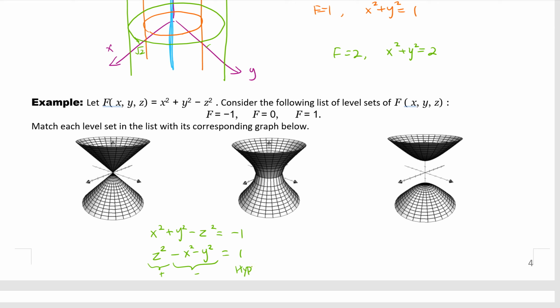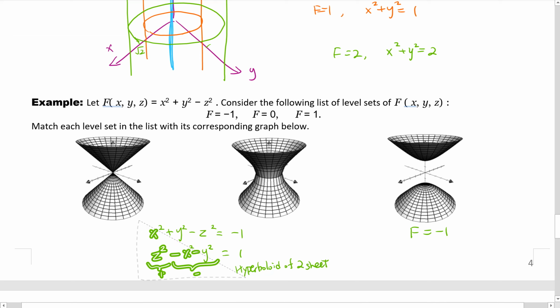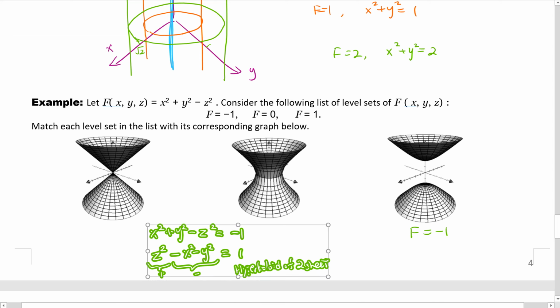So hyperboloid of 2 sheets. So 2 sheets right here. So this corresponds to f equals minus 1. Let me see whether I can move this to that side, because I don't want you to get confused. Yes, I can move it. When I wrote a note, I didn't know which one is which.